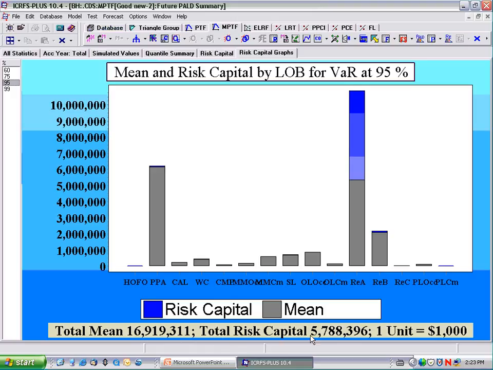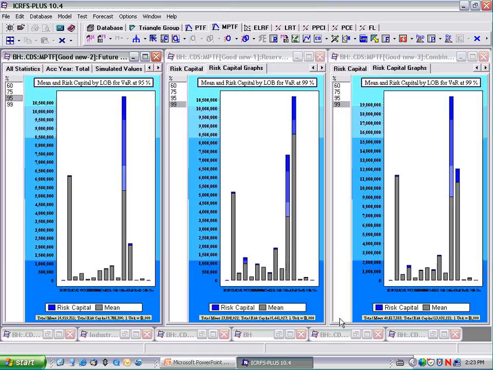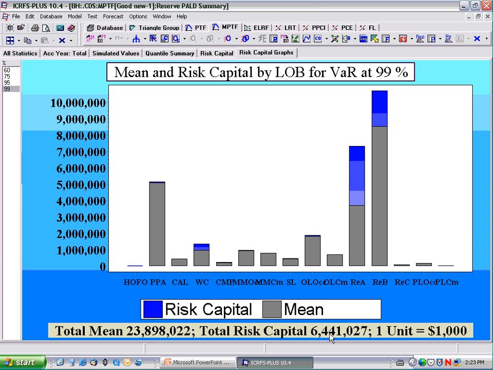Your total risk capital is 5.78 billion for the next underwriting year. The risk capital you need for your reserve is 6.4 billion.